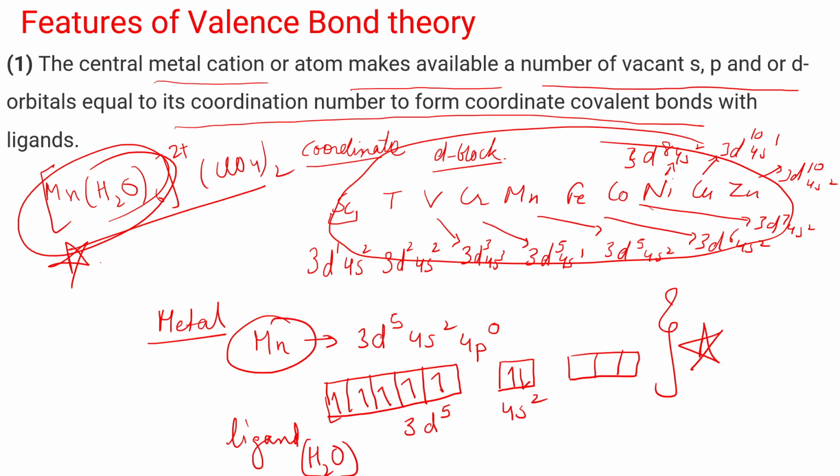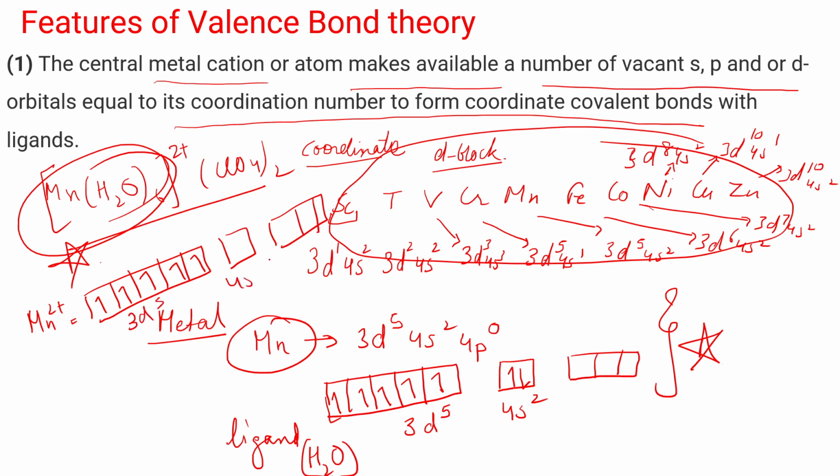For manganese plus 2, the electronic configuration will be like this: 2 electrons from the s orbital will be removed. It is a little bit confusing. Let me just erase the things.